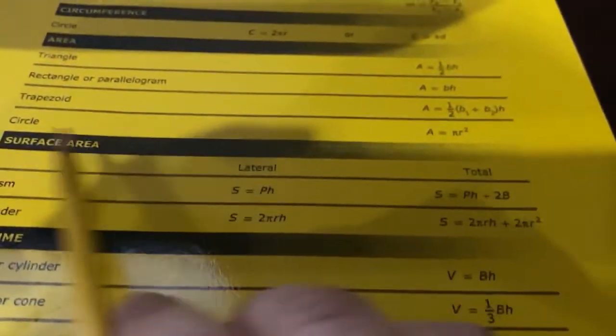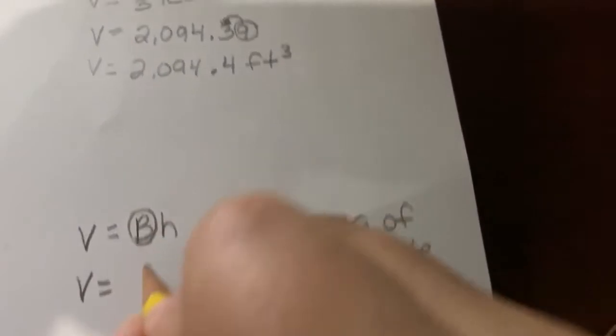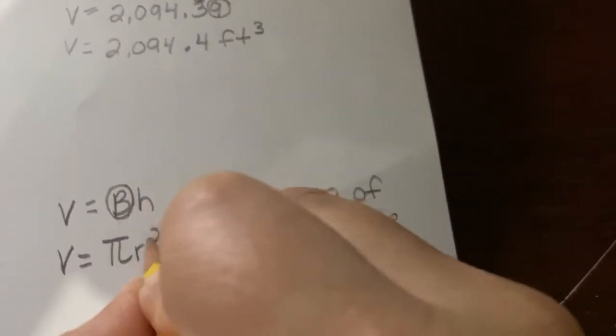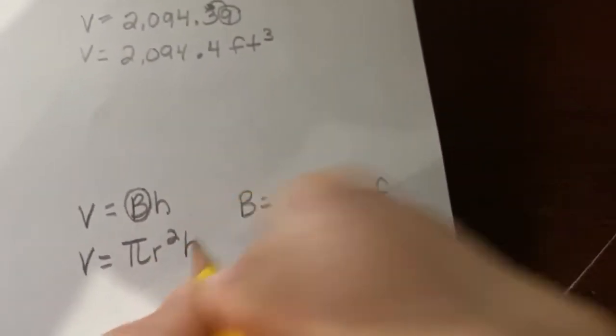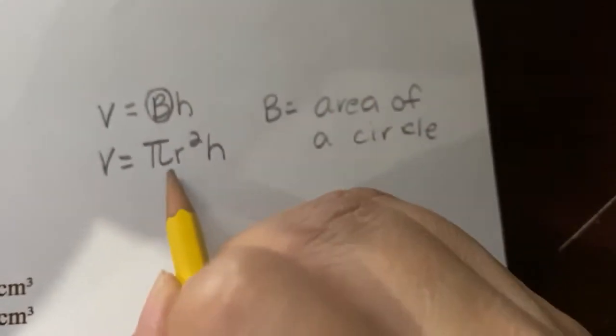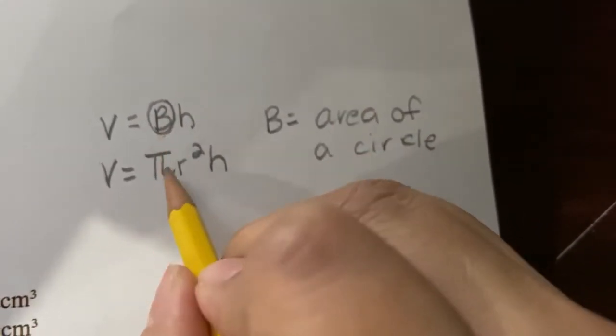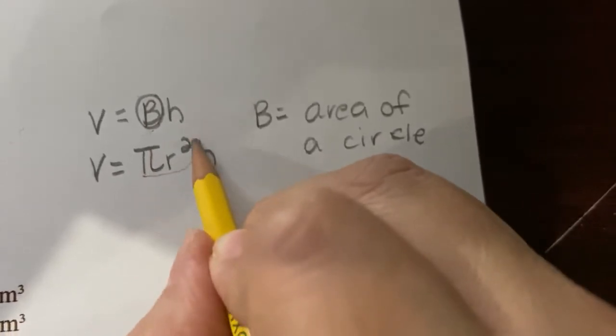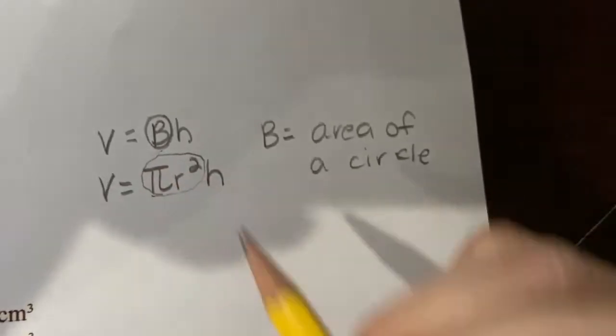And we know area of a circle is pi r squared. So that's what I'm going to translate it to. And then I'm going to multiply that by height. Okay, so again, I did not change the formula. All I did was translate that capital B to finding the area of the circle, which is pi r squared.